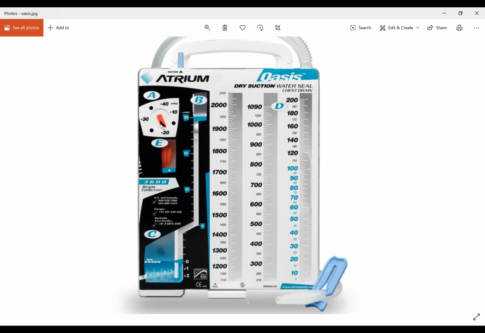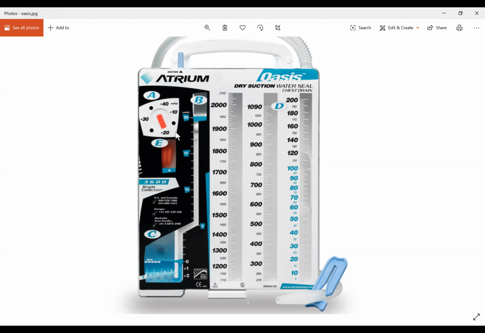So you see the dial right now, it's dialed to 20. So this patient is receiving 20 centimeters of water worth of suction if you attach your suction tubing here. You still need an external suction source, either the wall or a portable suction. And as long as this is dialed to the correct setting, that's the amount of suction the patient will receive.